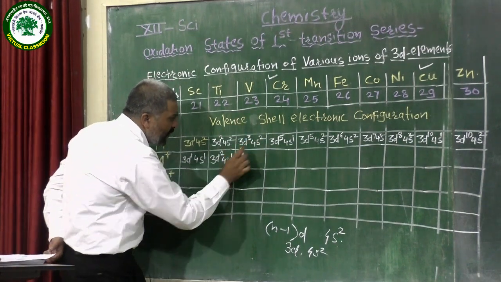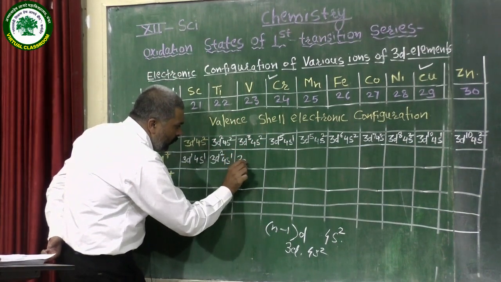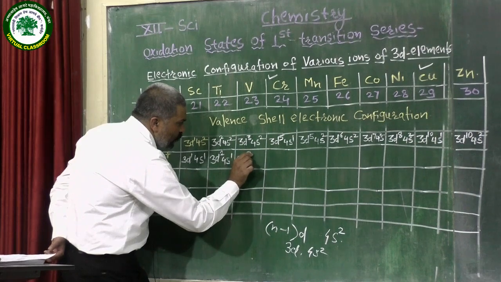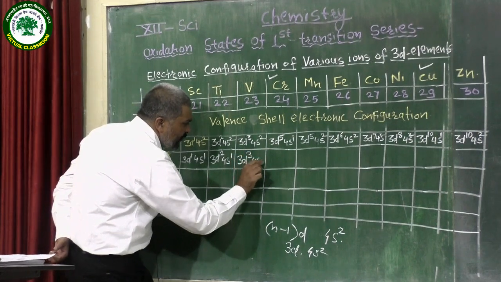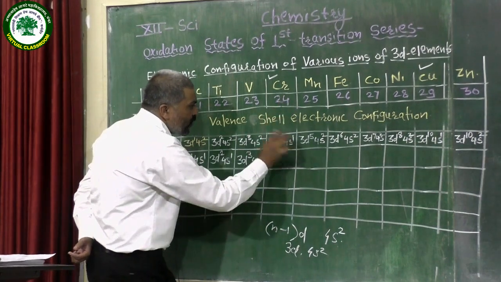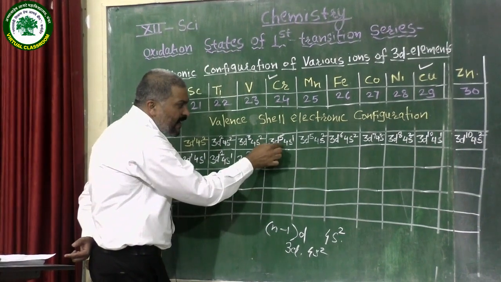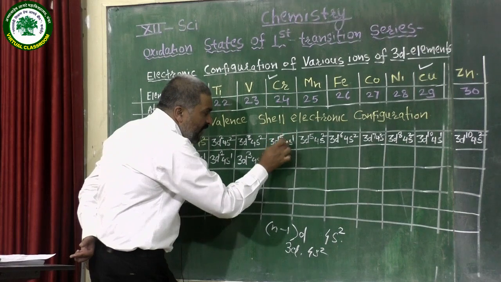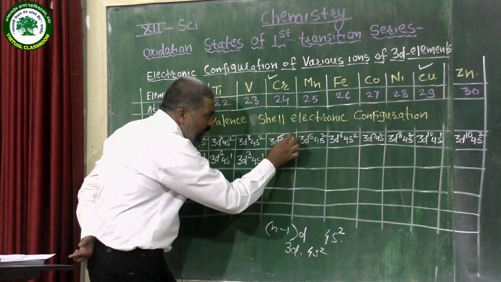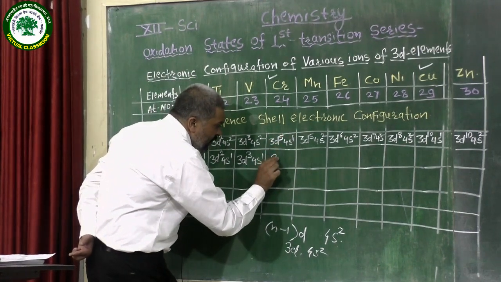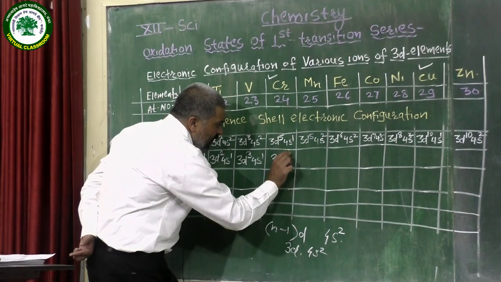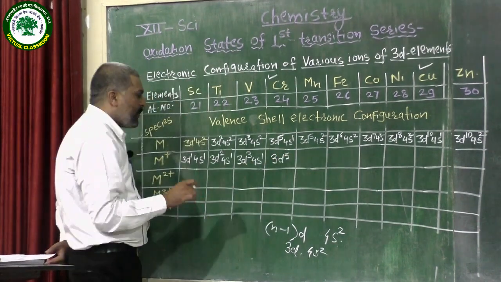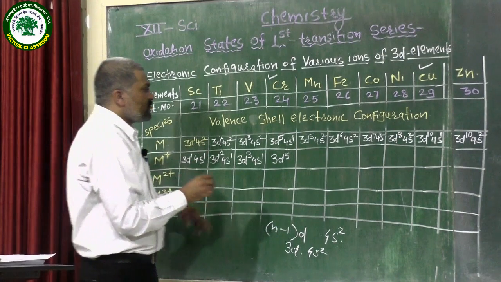In vanadium, again one electron from 4s is lost, and it becomes 3d3 4s1. In chromium, both the 3d and 4s subshells are half filled. When one electron is lost from the 4s subshell, it shows the electronic configuration of only 3d5 in the monopositive state.